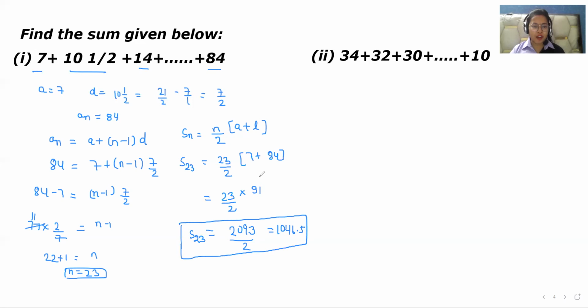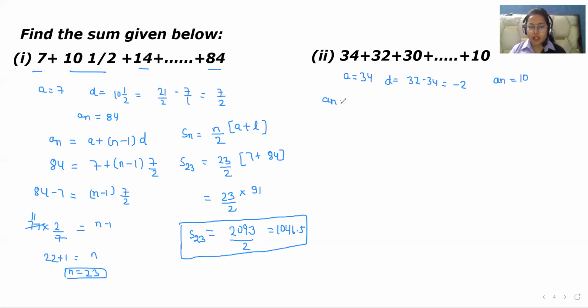I hope it's easy to find. Now try this. In the second part, what is A here? 34. What is the difference? 32 minus 34, that is minus 2. And what is an? An is 10.